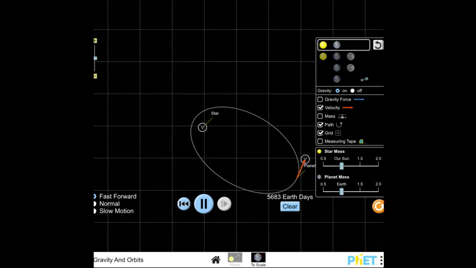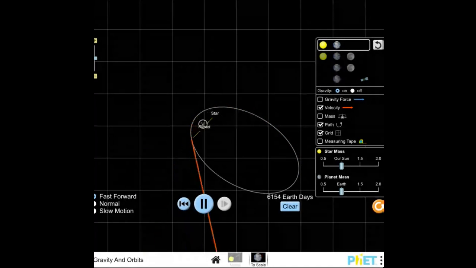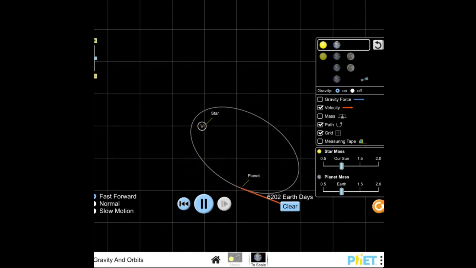Okay, so I have this set up with the Earth going around the sun, and I have it on the to-scale option. I had you using the model option. I'm doing the to-scale option, and so we can really see a very elliptical orbit. This is an orbit where the planet almost is going to escape.